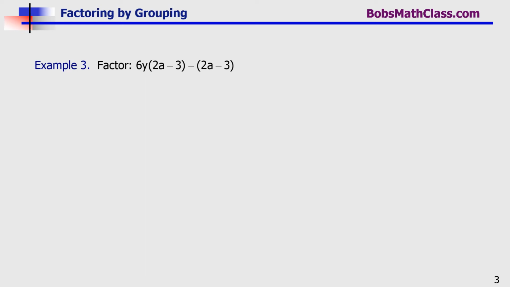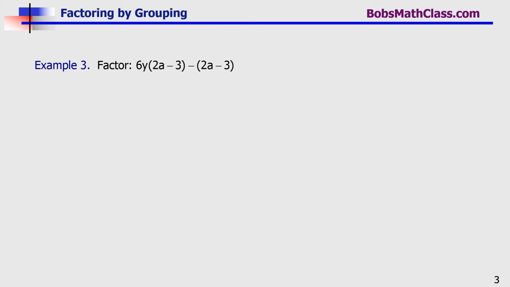All right, here's another example. Notice that the 2a minus 3 is the same on both sides of the minus sign, but there's not a number in front of the second parentheses. There's not a number or a letter, so we could always put what number in front of the parentheses?